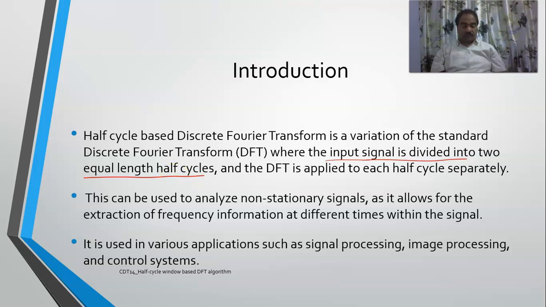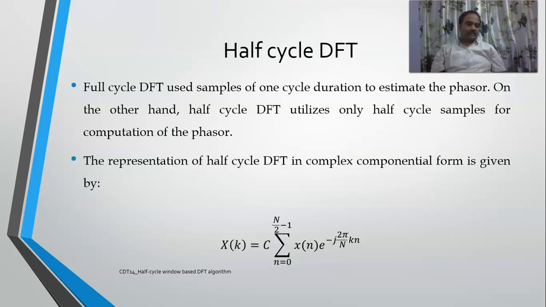Normally we employ it in our signal processing because it reduces the time taken for computing the peak values and the phases. Full cycle DFT uses samples of one cycle duration to estimate a phase, whereas half cycle DFT utilizes only half cycle samples.